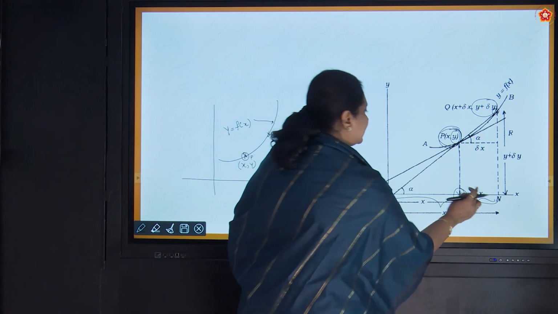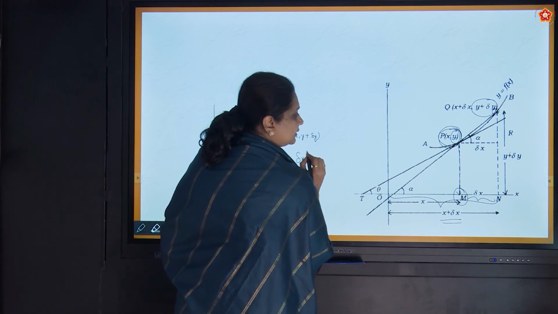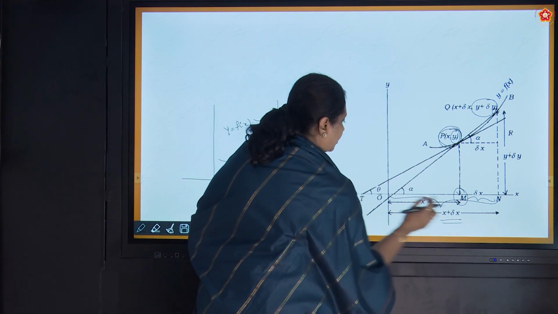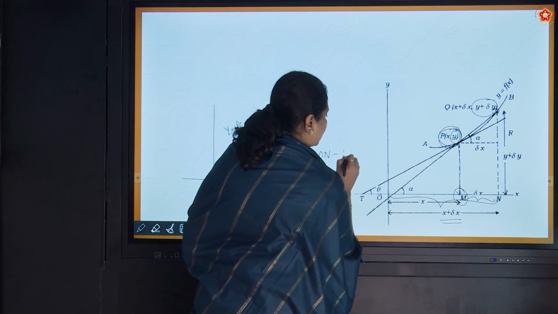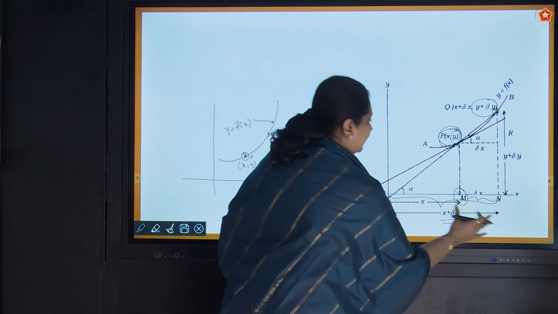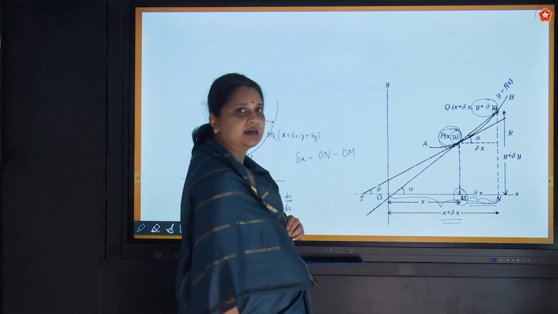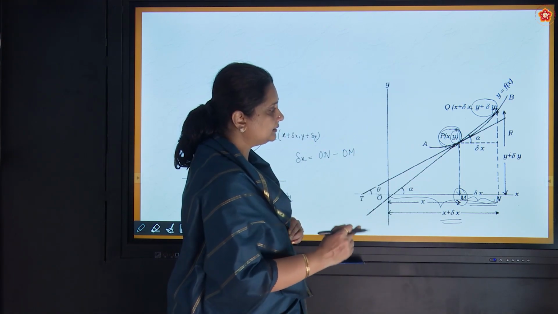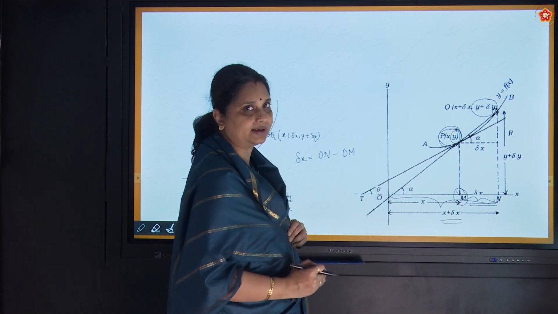So my delta x is going to be the difference of ON minus OM. So x plus delta x minus x, this distance is my delta x, the distance between P and Q on the horizontal axis.